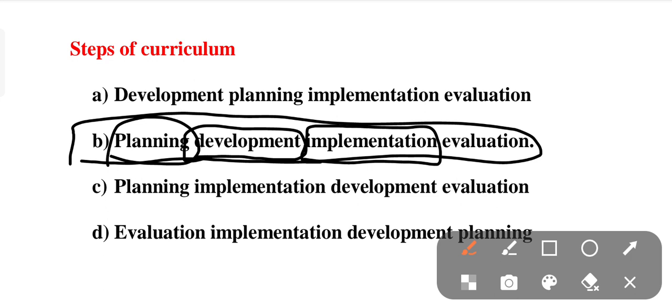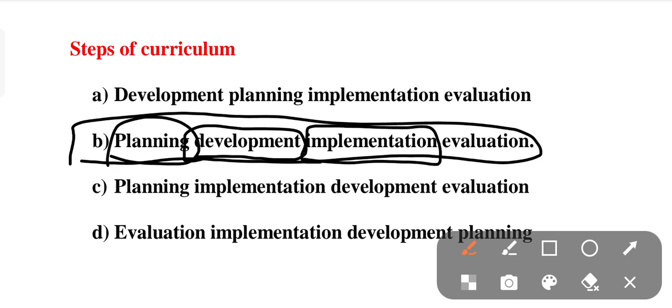Okay, so what the university will do, the colleges and schools which are working under the university have to work on the rules developed by the university.